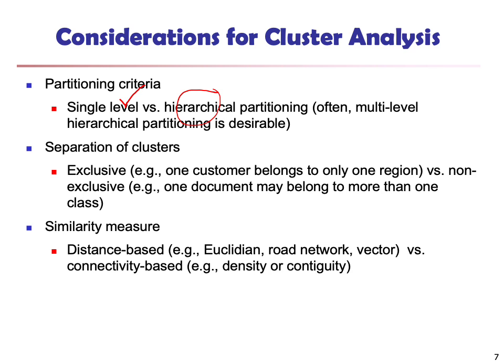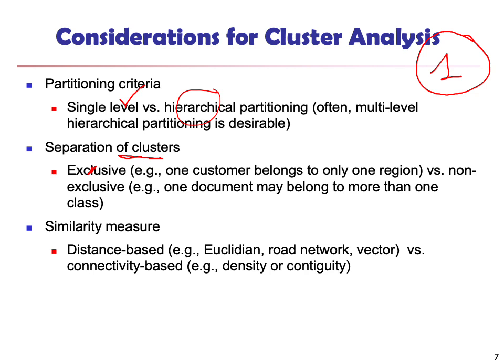When it comes to the separation of clusters, some clustering algorithms will have exclusive membership of instances to one cluster, so an instance can only belong to exactly one cluster, versus non-exclusive algorithms that can give a probability to an instance of belonging to each of the existing clusters.